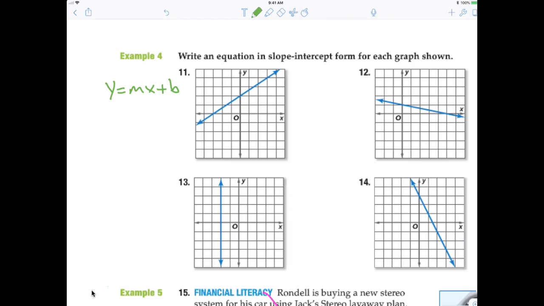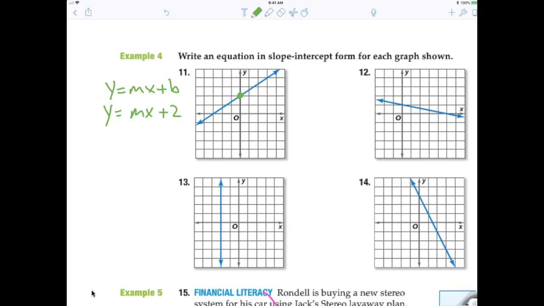All right, Catalina, tell me, what is b? 2. So everybody understand b is 2. Now, how did I get that? I just looked at the y-intercept. I'm making a dot on the y-intercept. Does everybody see that? So now I have y equals mx plus 2.